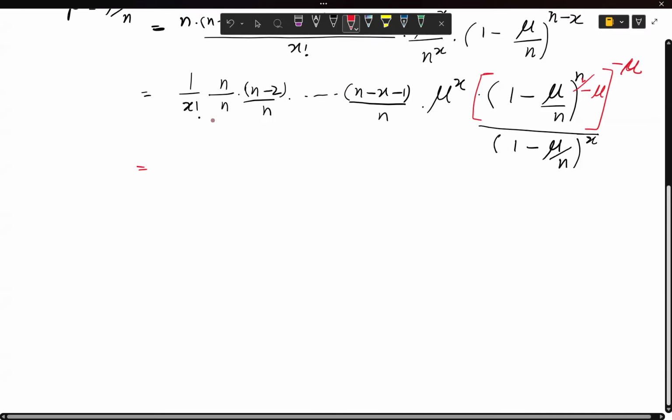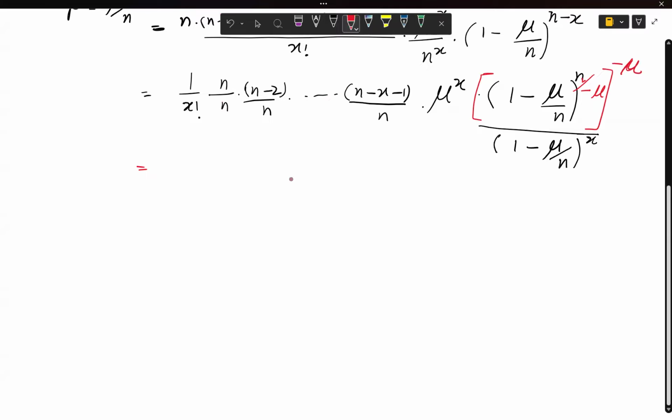From calculus, now we can apply the limit that in comparison to the value of probability, n is very large, and n is very large as compared to the value x. That leads to the application of the limit as n goes to infinity. So in all these expressions, we will find a value of 1.